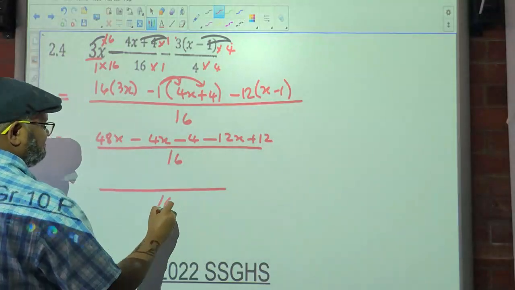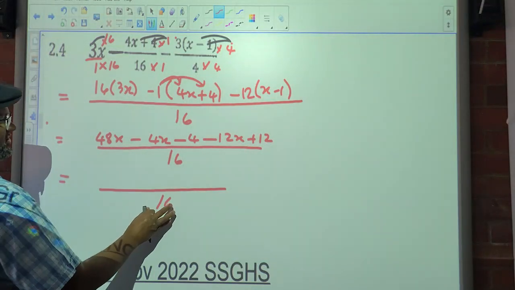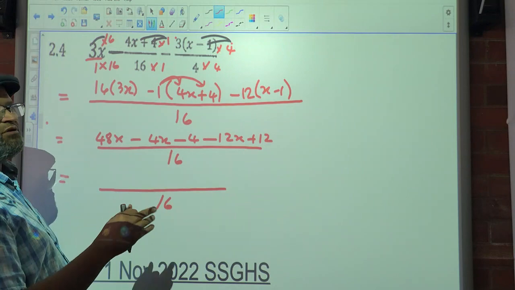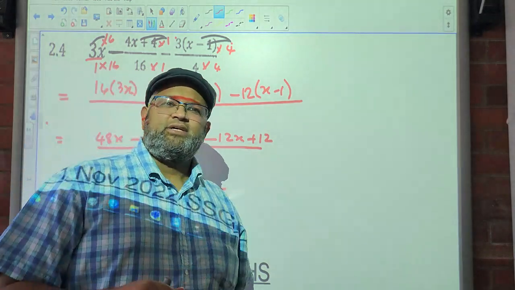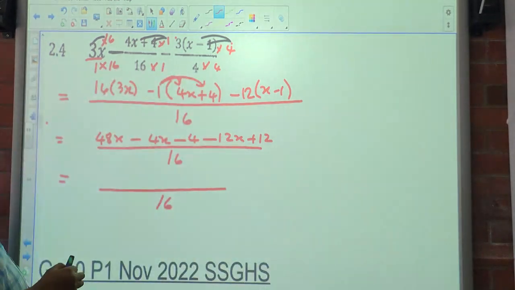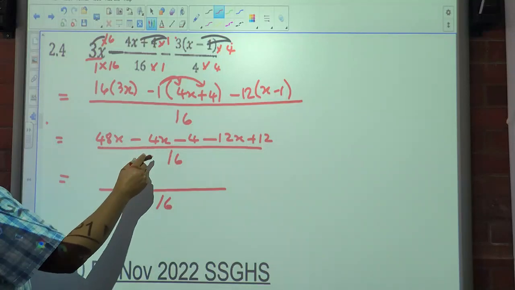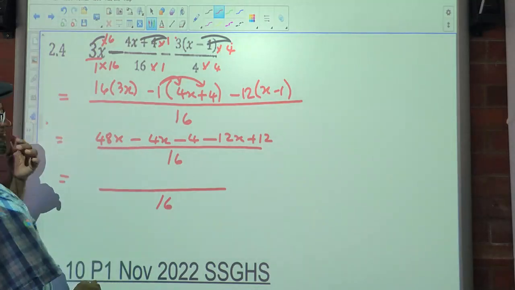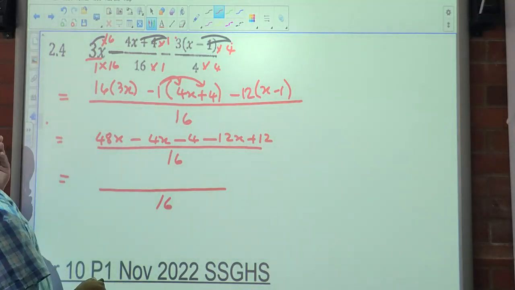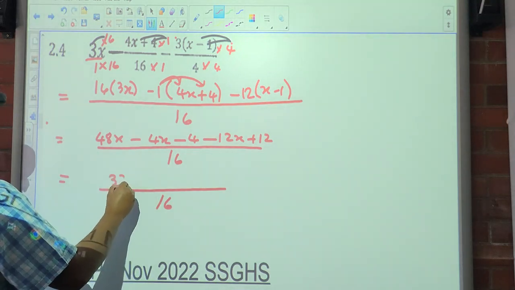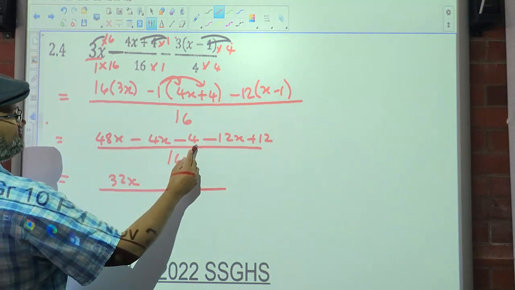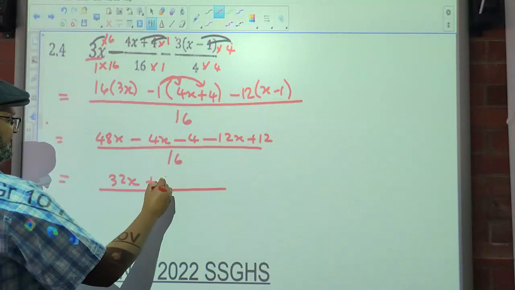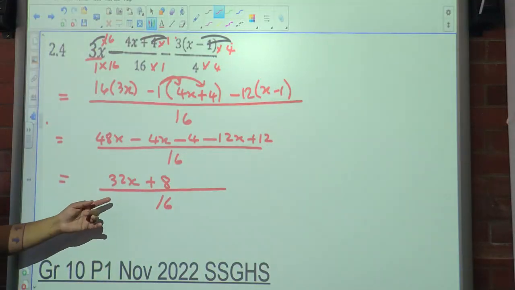Now gives us, can I drop the denominator? No. When can we drop the denominator? When it's an equation with the equal sign. So it's going to be 48 minus 4 is 44 minus 12, 32. 32x minus 4 plus 12 is, what do we notice?